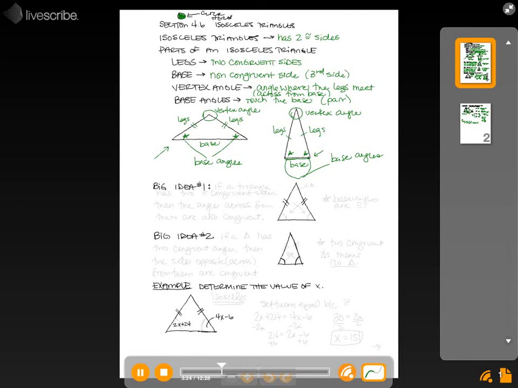Now we have two big ideas, and these are important big ideas, and they're only specific to isosceles triangles.